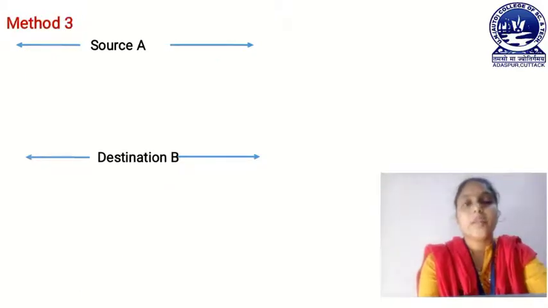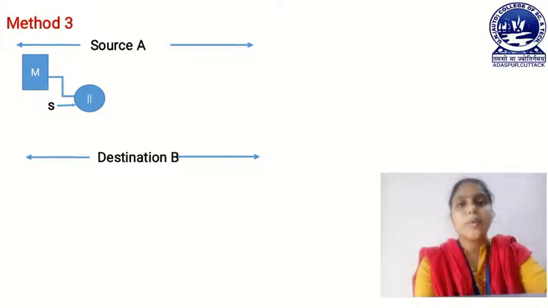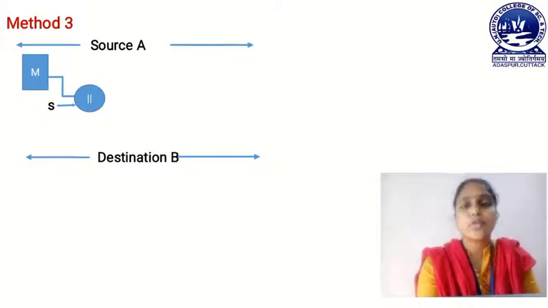Here in method 3, the source A generates a message M. Then after generating message M, you must remember that in this method the source and destination share a secret value, that is S, and when the source A wants to send some message, it uses this secret value.